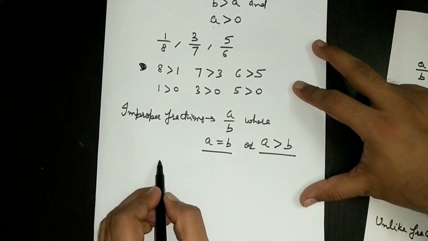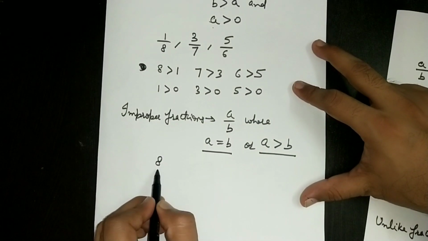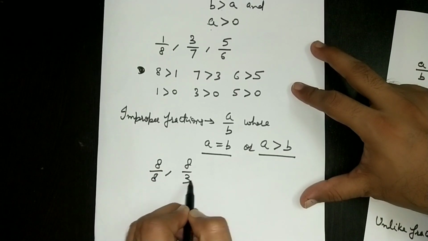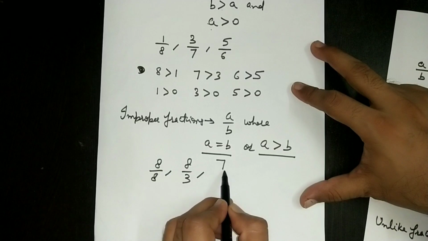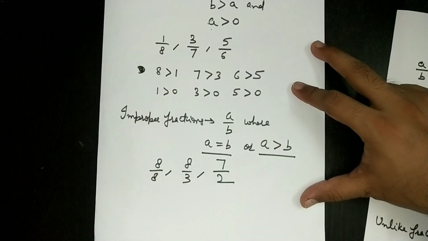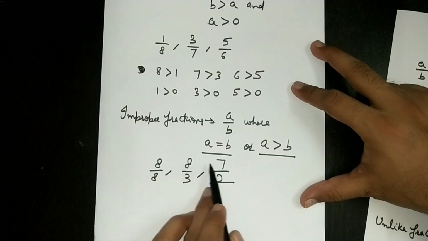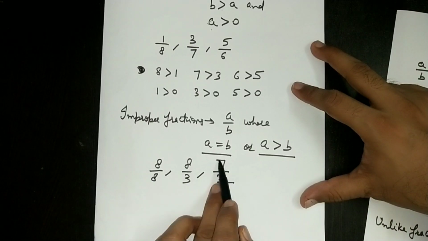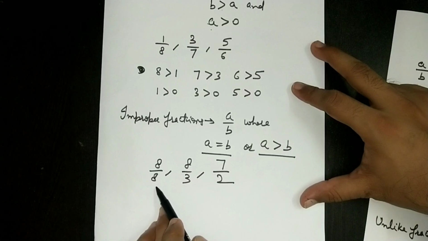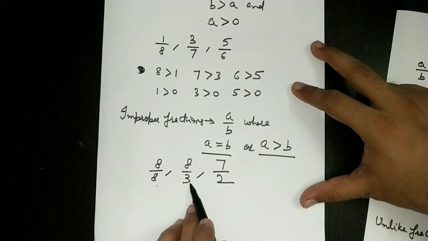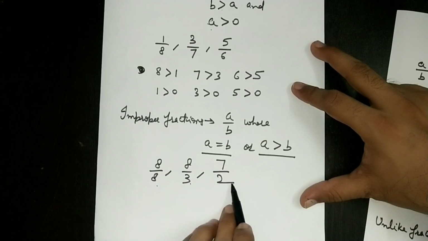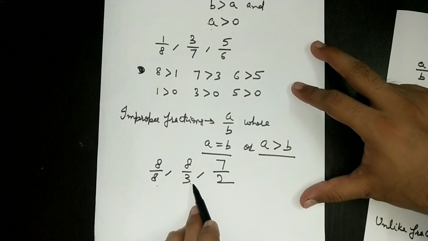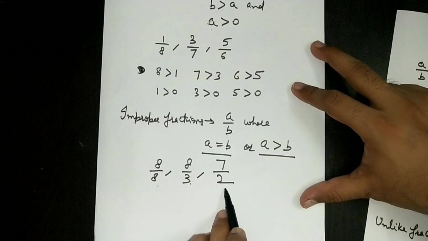The examples can be 8 divided by 8, 8 divided by 3, or 7 divided by 2. In all three cases the numerator is either equal to the denominator or greater than the denominator: 8 is equal to 8, 8 is greater than 3, 7 is greater than 2.